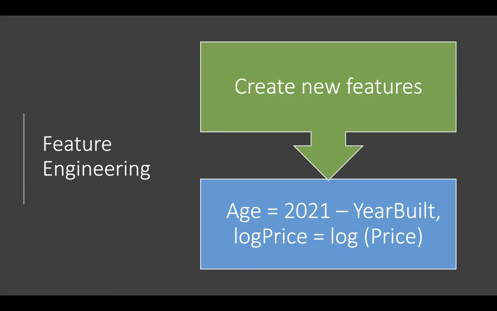For the age, we subtract the year built from the current year, 2021, and for the log price, we use the log function on the price. That is because year built and price are variables that span several orders of magnitude, which may potentially affect the performance of our model adversely.